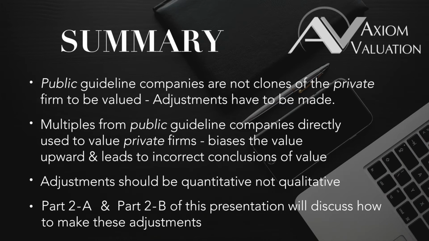Using multiples from public guideline companies directly to value private firms usually biases the value upward and leads to incorrect conclusions of value. And finally, adjustments should be quantitative and not qualitative. So in part two of this presentation, we will discuss how to make these adjustments.